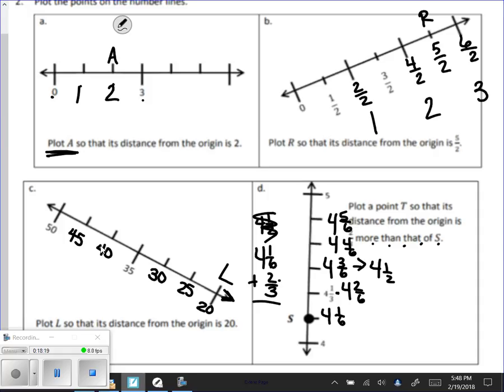So my common denominator would be 6, 2 times 3, 6. 4 and 1/6 plus 4/6, it would go at 4 and 5/6. Right there. It wouldn't go anywhere else.